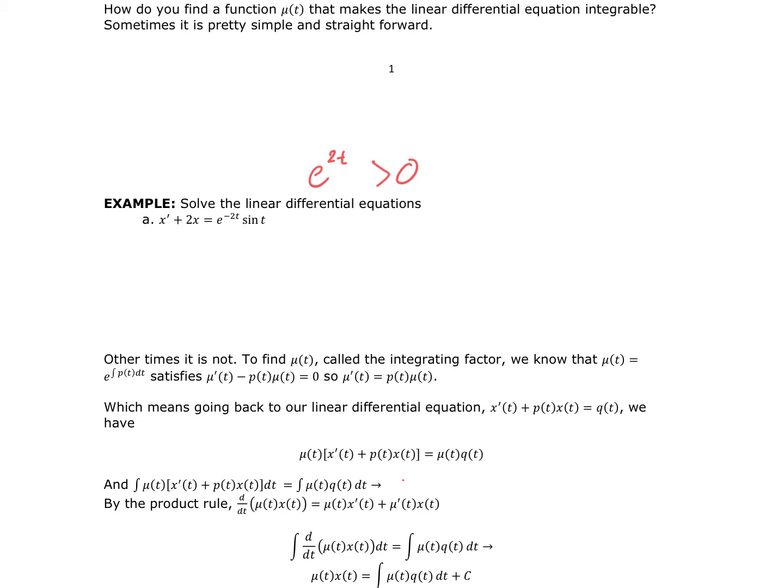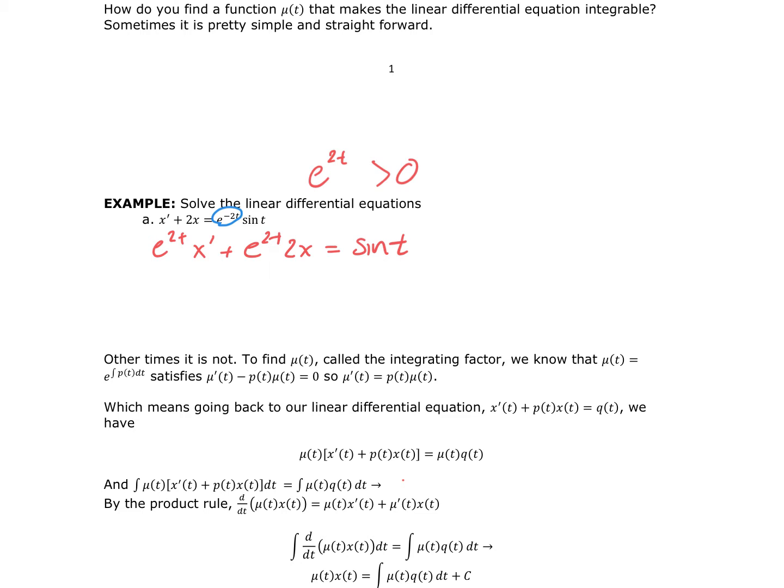Exponentials are always bigger than 0. And when I do that, I'm going to get e to the 2t x prime plus e to the 2t 2x is equal to, now when I multiply e to the 2t by e raised to the negative 2t, the exponents are added, and so that's going to give me e to the 0, which is just 1, so then I have the sine of t.